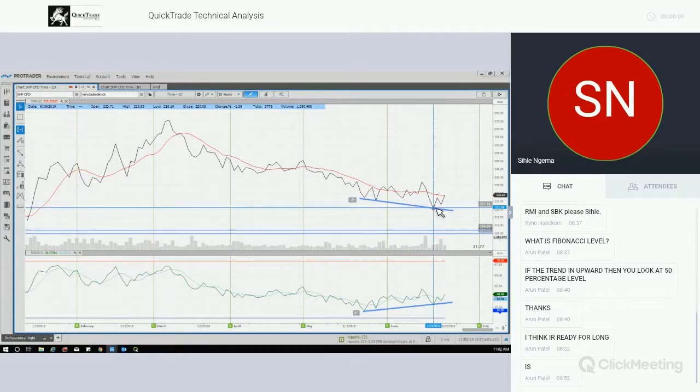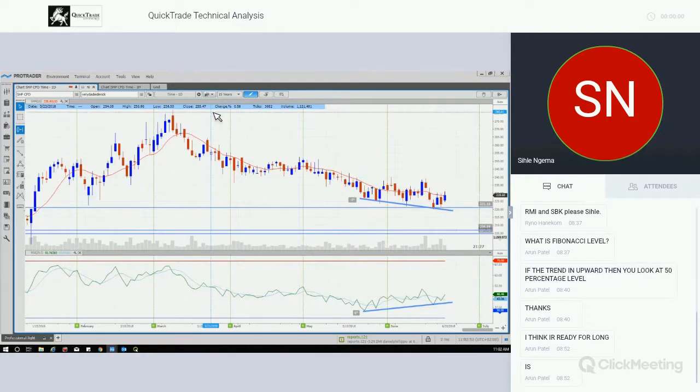That is happening exactly at our key support area, which is 220. So if I see that happen, I get some understanding that the market is likely to reverse around that area, given the fact that we have a couple of factors there that we are using, like your support. We are using the quarterly time frame, which is a bigger time frame. The RSI is also refusing to go lower. It's giving us a positive divergence. So that means that the price is about to turn and take off.